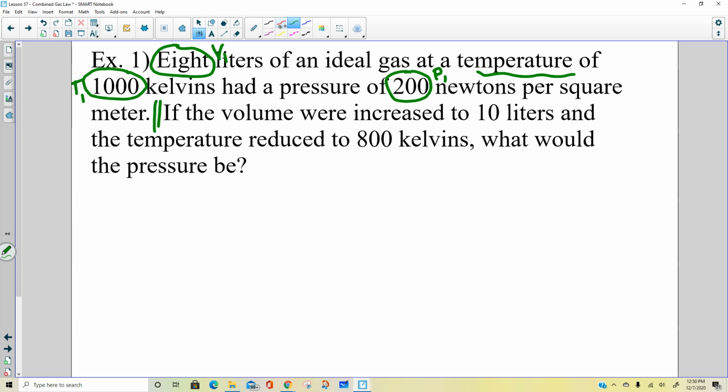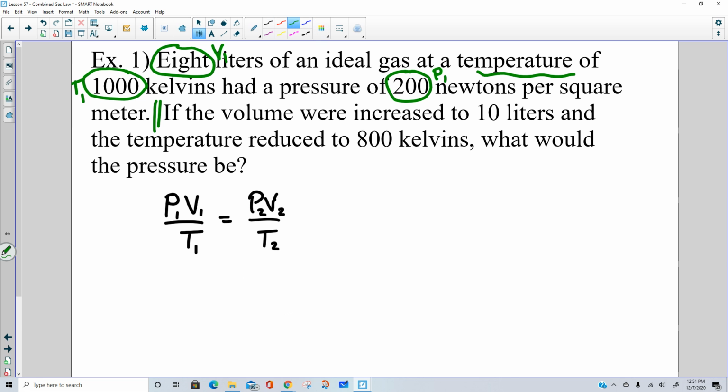Great, so let's go ahead and start writing out this formula. Remember, we've got PV over T equals PV over T, and you want to make sure in subscript, 1's are on the left for your initial conditions, and then 2 on the right for your changed conditions, or your final conditions.